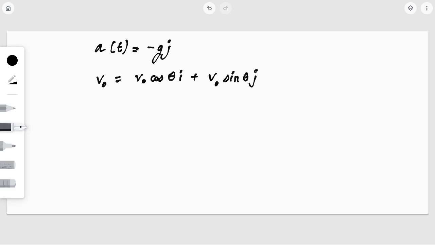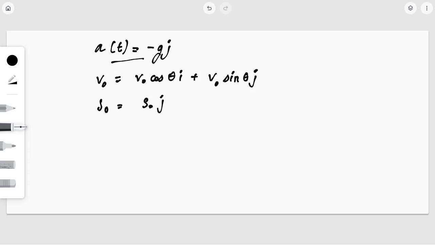So let us see how we can find the parametric equations of the trajectory of the projectile. Let us write down what we have. We are given the acceleration due to gravity g, the initial velocity v0 cos theta i + v0 sin theta j, and the initial height s0 j.